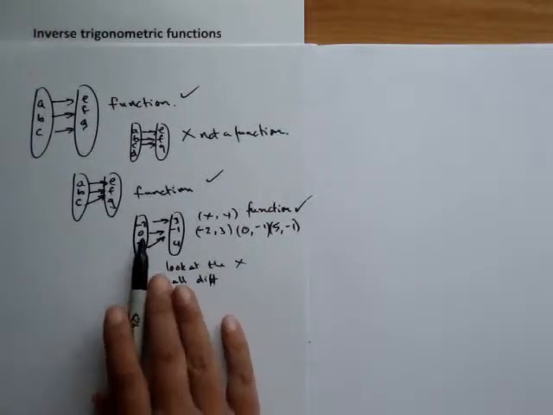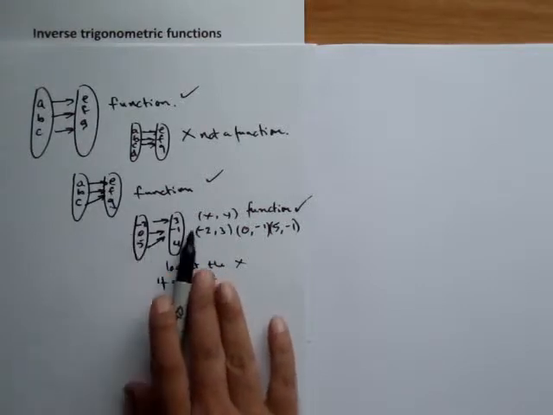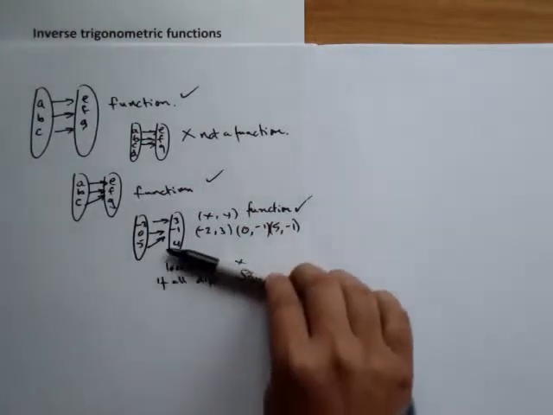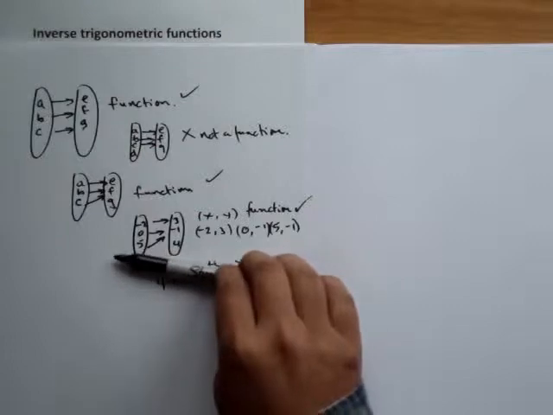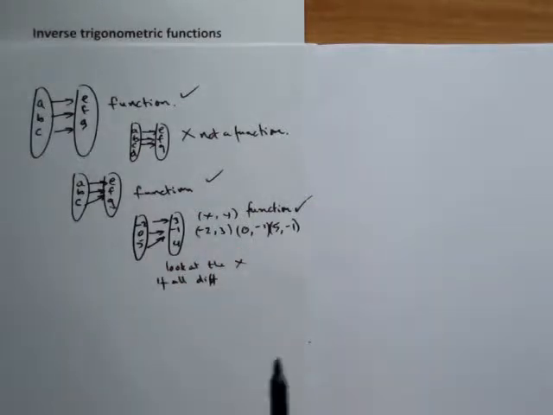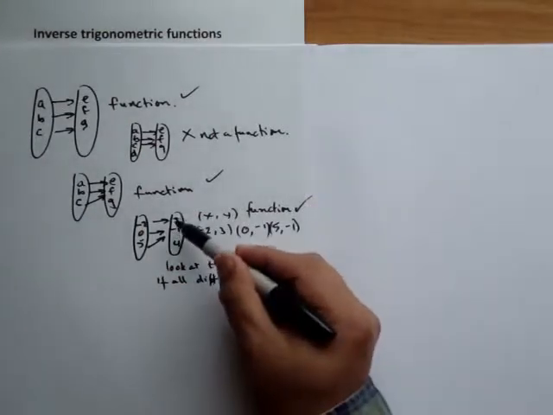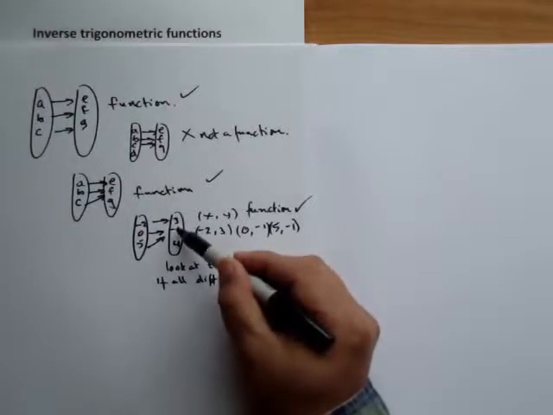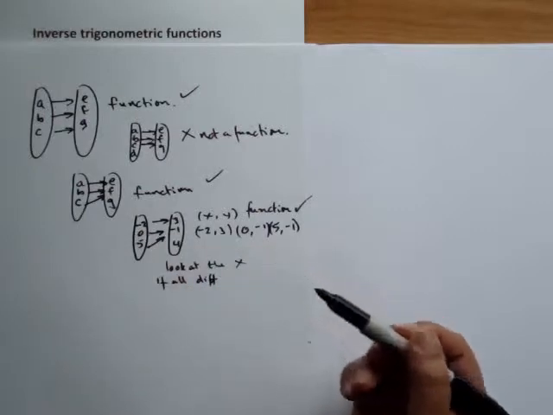Now it's a function going in this direction, but it's not an inverse function going in the other direction, because when we're going in the other direction we'd have 2 minus 1s as the x values going on to a y.